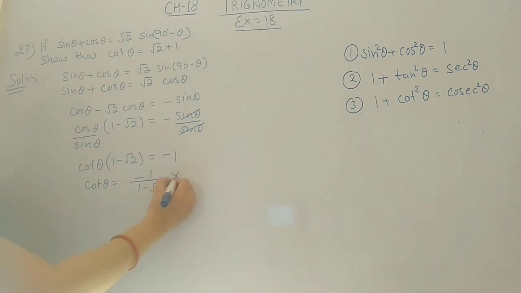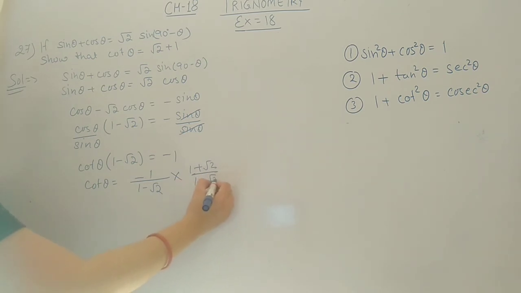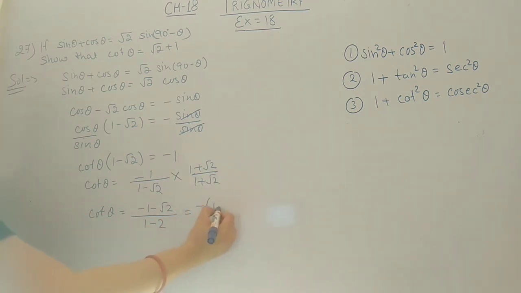To rationalize it we have to multiply by (1 plus root 2) up and down. After multiplication, minus (1 plus root 2), and in the denominator, if you multiply these two, you will get 1 minus 2. Minus you can take common: (1 plus root 2) by minus 1. So this thing will cancel out, and cot theta we will get 1 plus root 2.